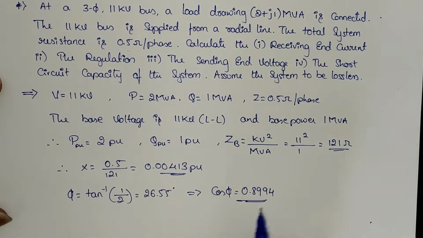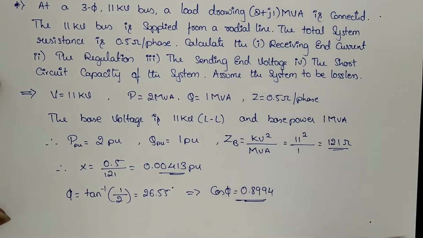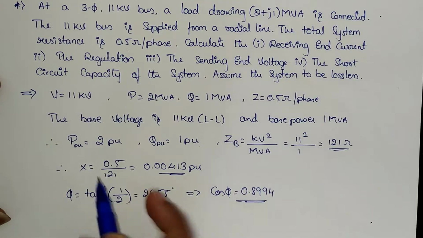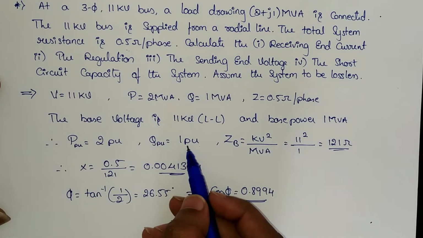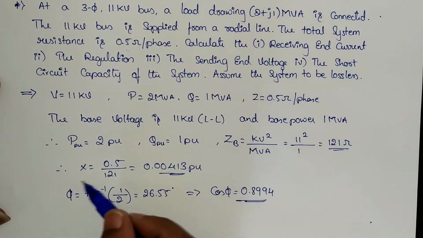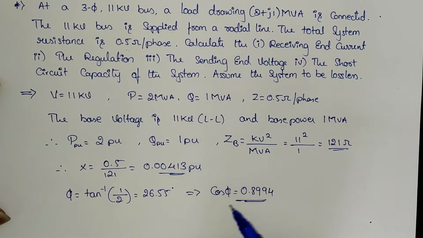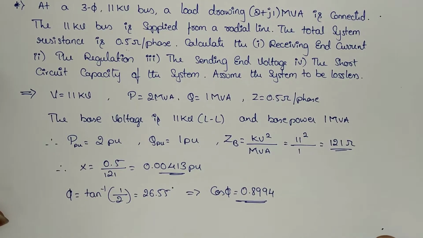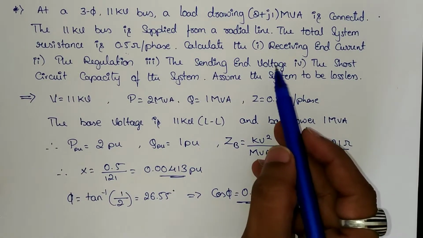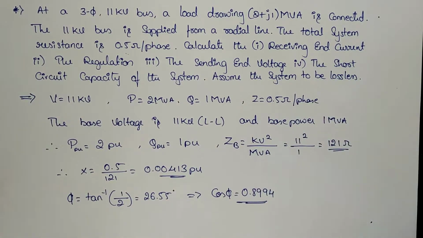Okay, we got the value of cos phi and the X per unit value. P is 2, Q is 1 per unit, X is 0.00413 per unit, and the value of cos phi is 0.8994. Now we need to calculate firstly the receiving end current.